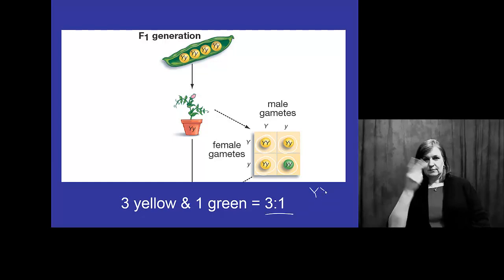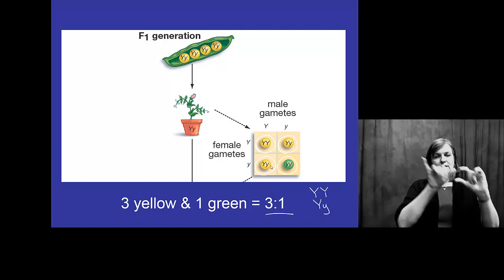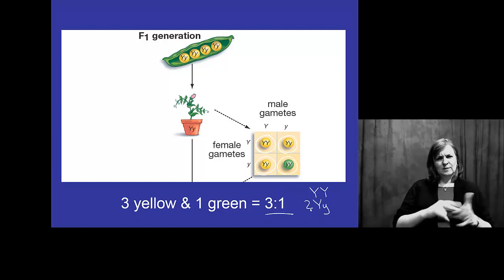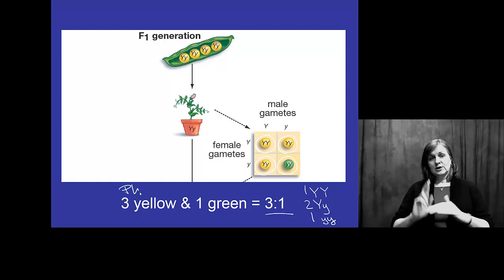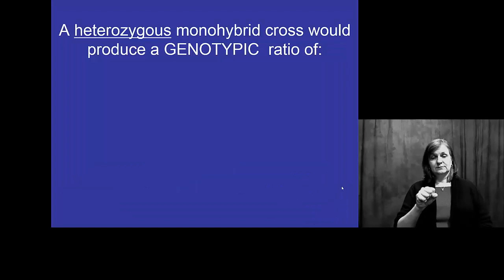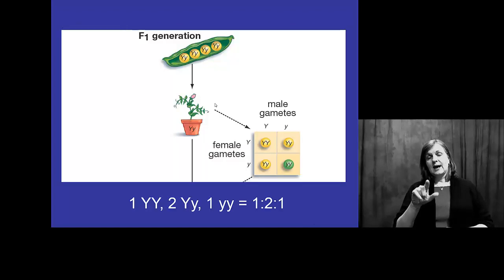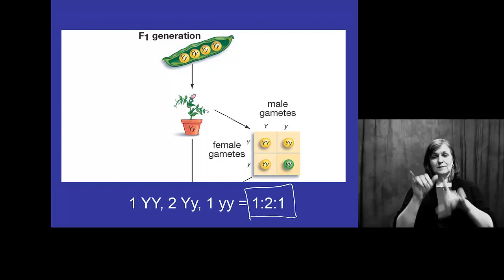We have a big Y, big Y, big Y, little y, another big Y, little y. So we have two of those, one of those, and one little y, little y. So this color is phenotype. What's this? Right, genotype. So we see a 1 to 2 to 1 genotype ratio.